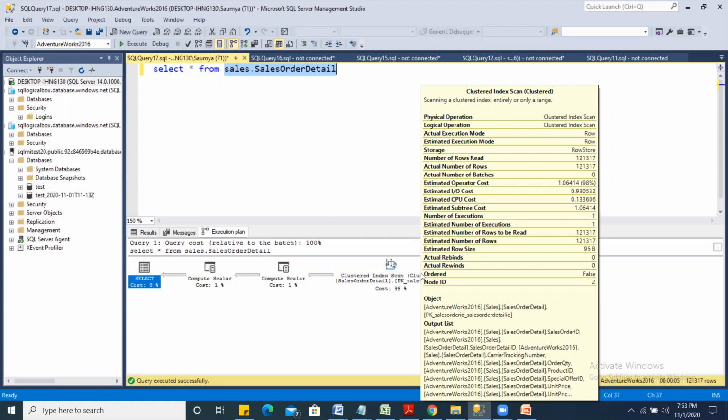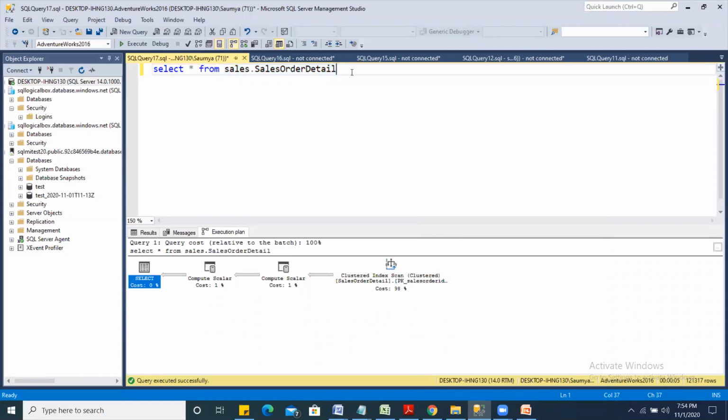That is PK underscore sales order ID, sales order detail ID, that we created yesterday, right? So from the clustered index, the access method being used is clustered index scan. So index scan is the access method being used by the optimizer through the clustered index scan operator in order to get data from the sales order detail table. Got it?